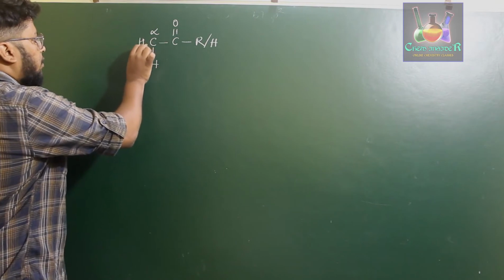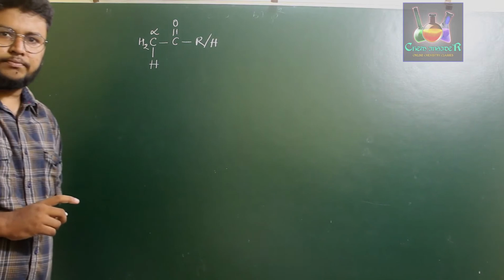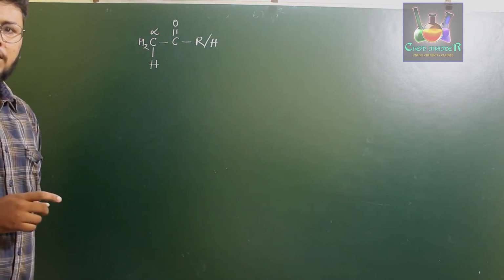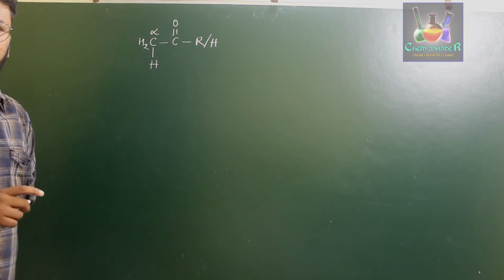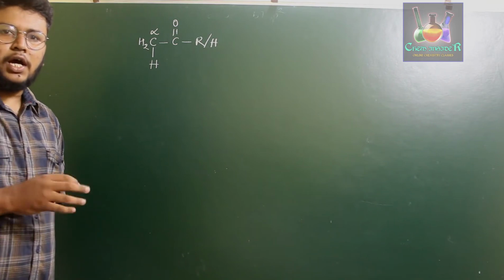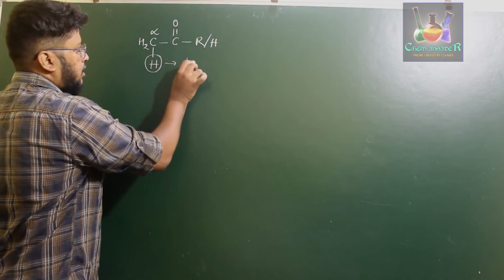Whenever you come across aldehydes or ketones which have at least one alpha hydrogen, the acidic strength of that hydrogen is very high. This alpha hydrogen has a very high acidic nature.